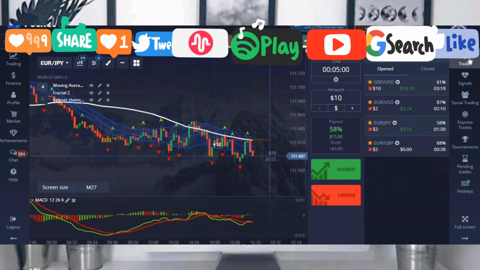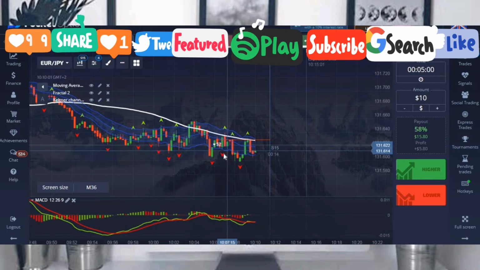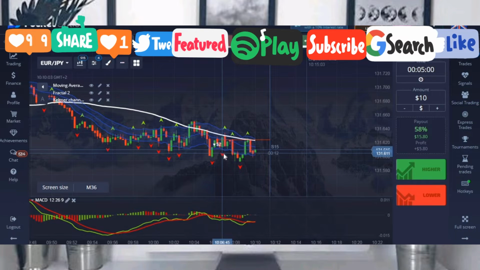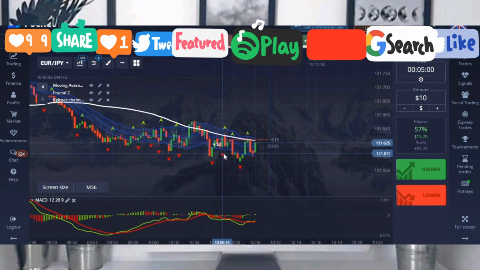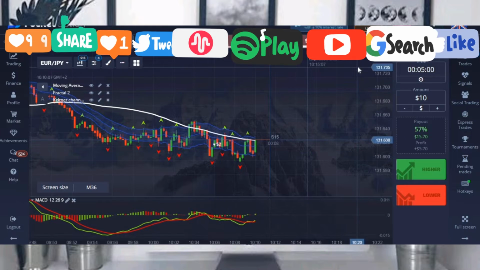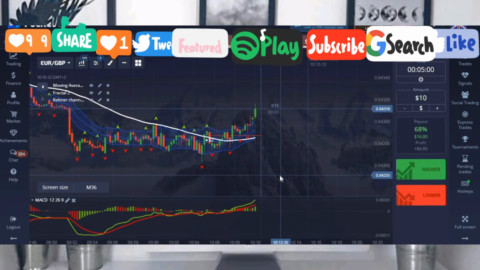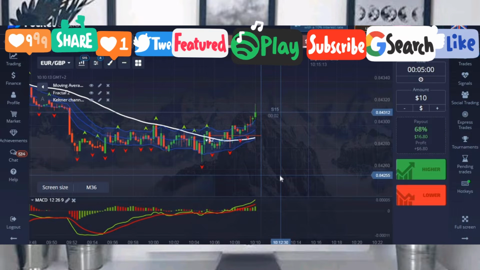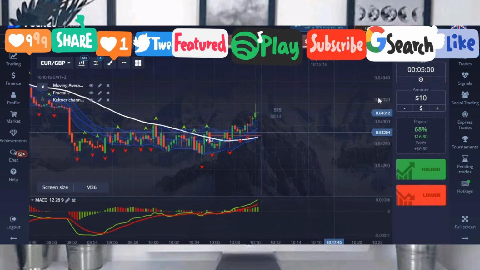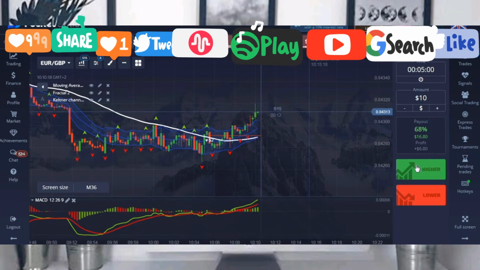For that you can see we opened three trades at the same time on different assets. You have seen our trade will go, and it gives us the result.